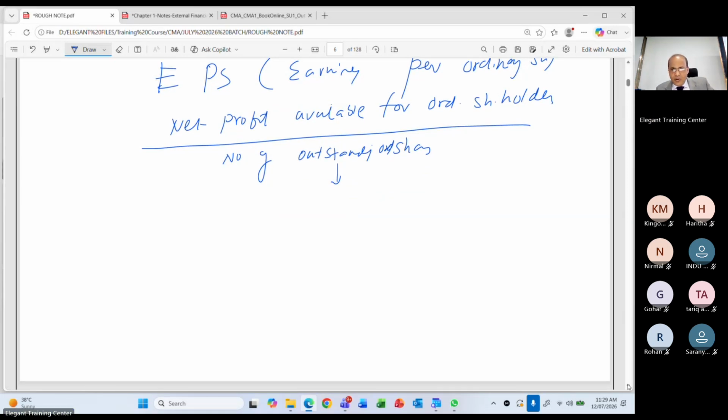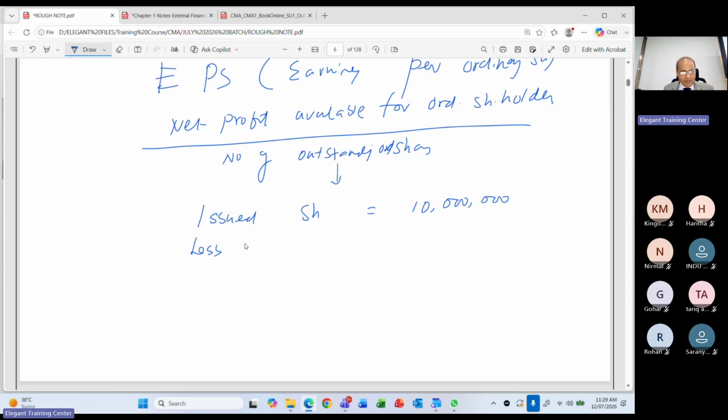Rohan, what is outstanding shares? Number of shares taken by public, issued to public. No. So one is issued shares. Let's say 10 million shares issued to the public, right?